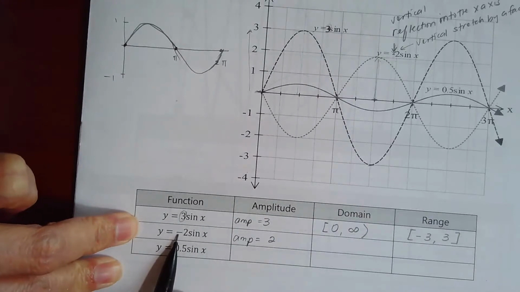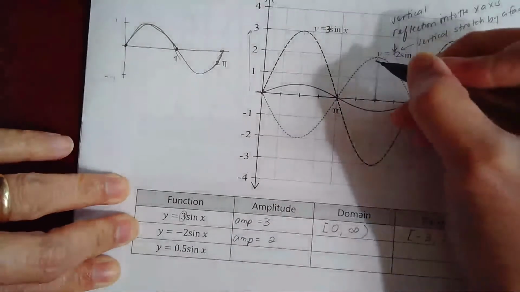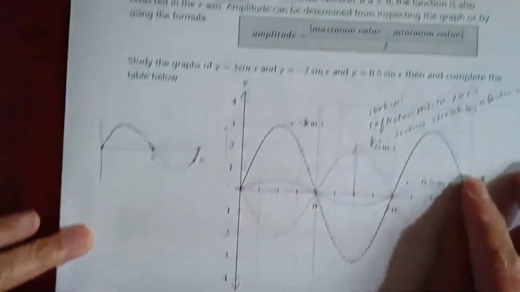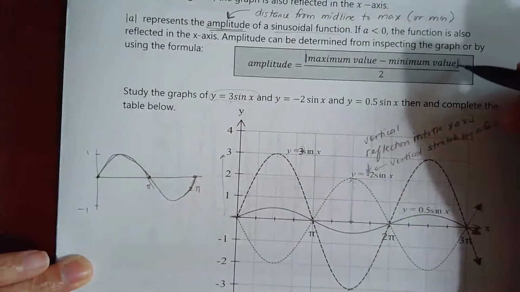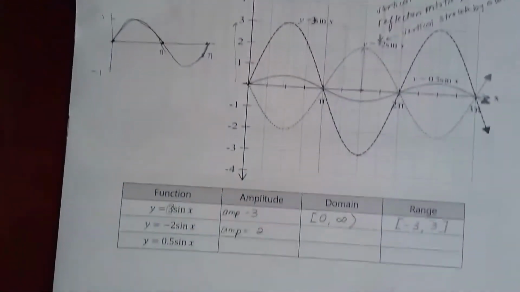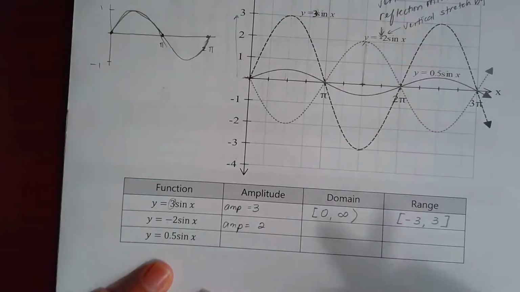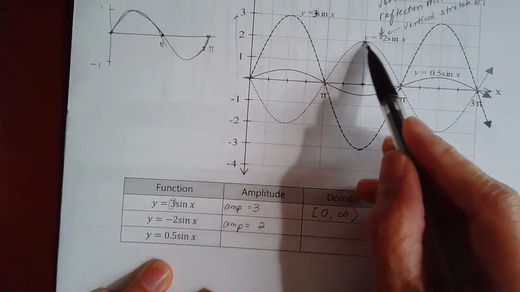Even though it says -2, the amplitude is 2 because it's always positive. Just to refresh your memory, the absolute value talks about just the positive value. So the amplitude is 2.